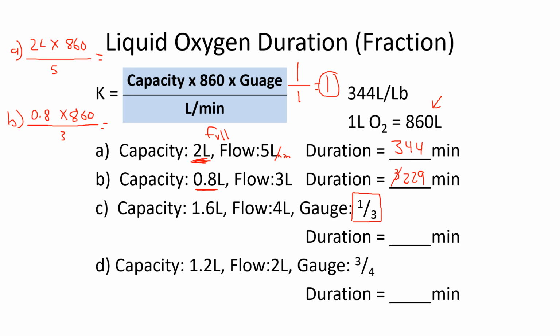The conversion factor is the same, 860, but this time you have to multiply by what the gauge is reading. So we got 1.6 liters. Conversion rate is still the same, 860 for liquid, but this time it's only a third full. So we can only multiply by a third, and our rate is 4.